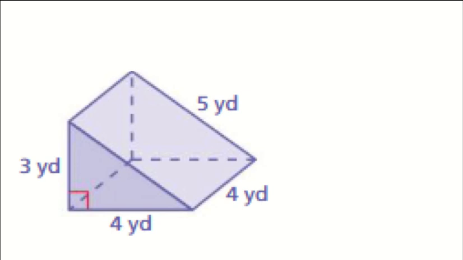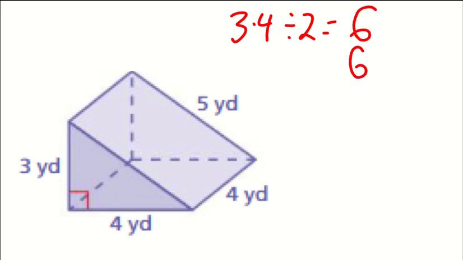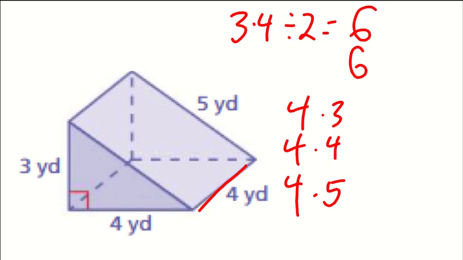All right, so look, I'll do one more, then I'll have you try one. What two numbers make my right angle? 4 and 3. So that's what I use for the triangle. We do 3 times 4 divided by 2. That's 6. There's 2 of them. Then, what number connects the two triangles? 4. We got it right here. So all 3 rectangles are using 4. Now what are my 3 sides? 3, 4, and 5.